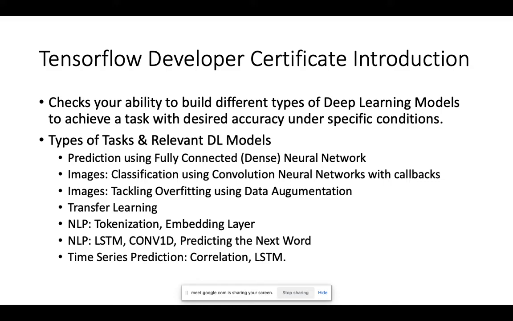We also have time series prediction, where we once again use LSTMs. So these are broadly the set of tasks and the set of neural networks which we are interested to learn and to master, so that we can easily clear this exam.